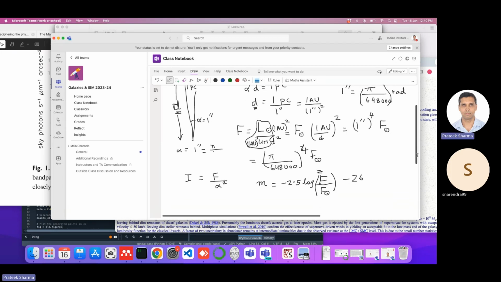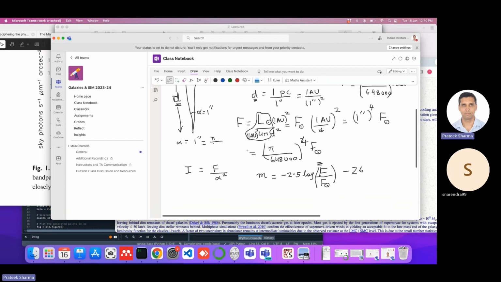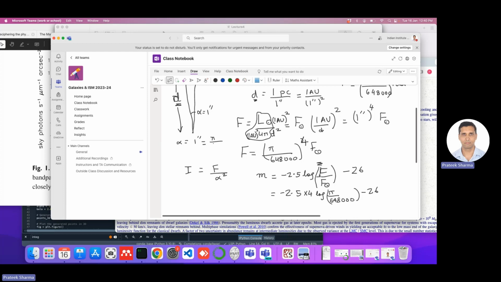Now we just have to plug this F value here, and what we get is minus 2.5 times 4 times log of pi by this number, and minus 26. The log of something less than 1 is negative.